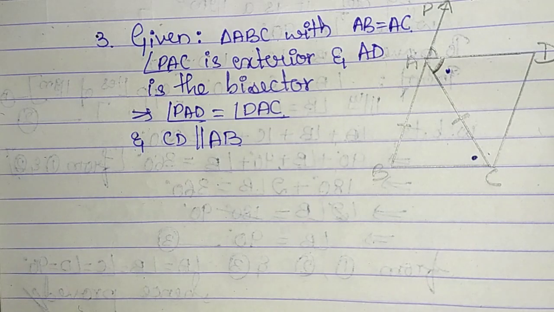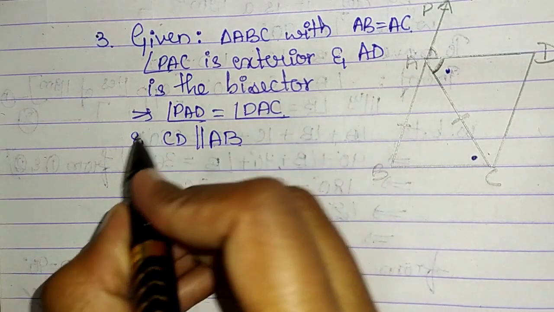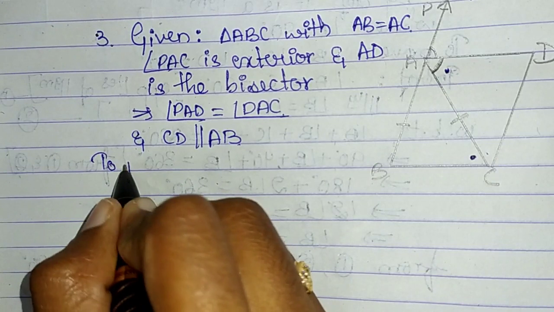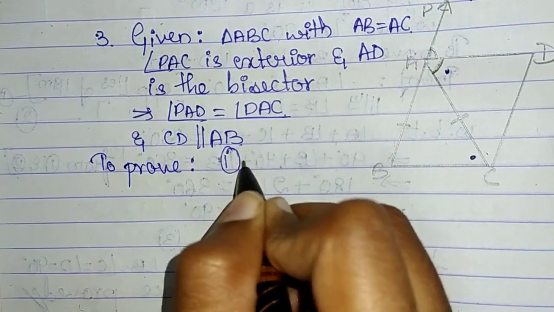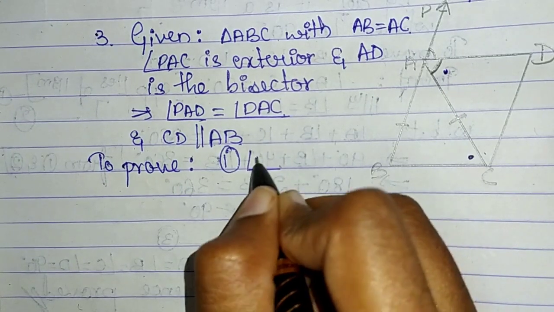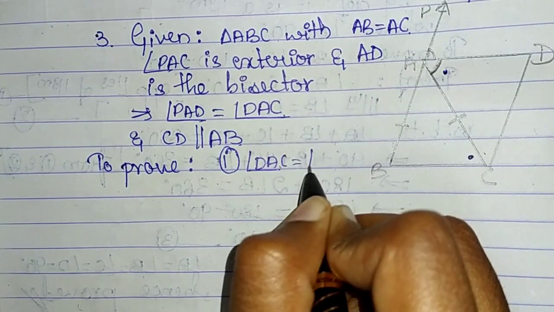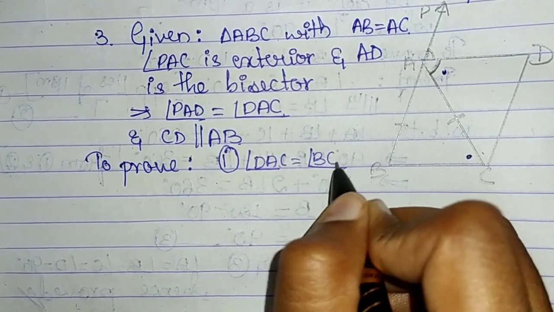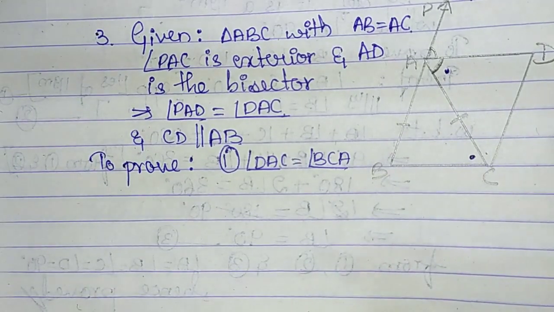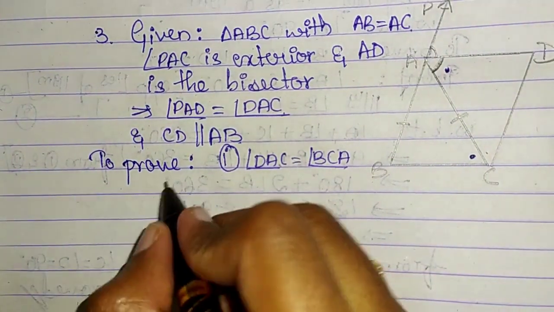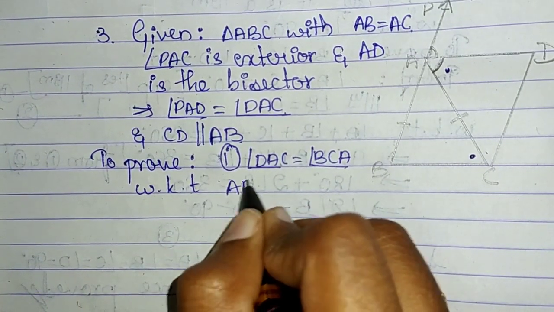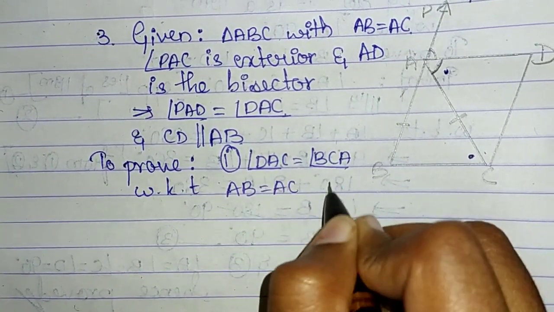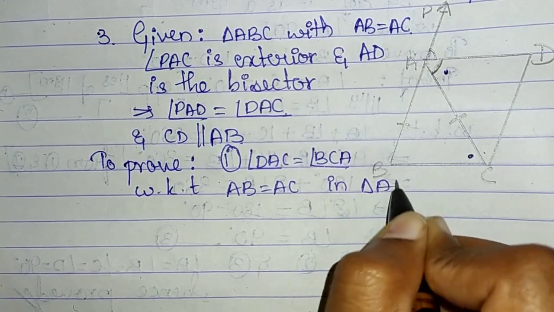So now to prove first angle DAC is equal to angle BCA. We know that AB is equal to AC in triangle ABC.